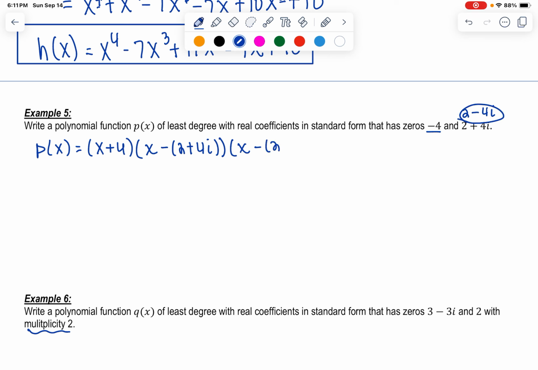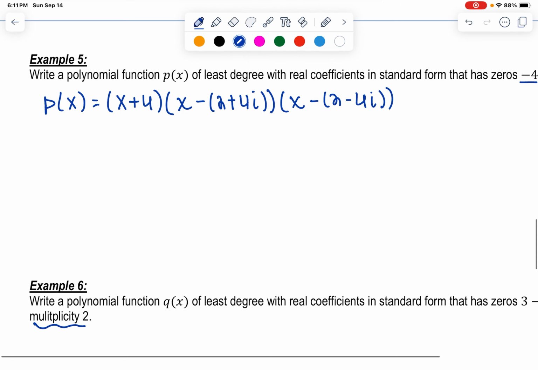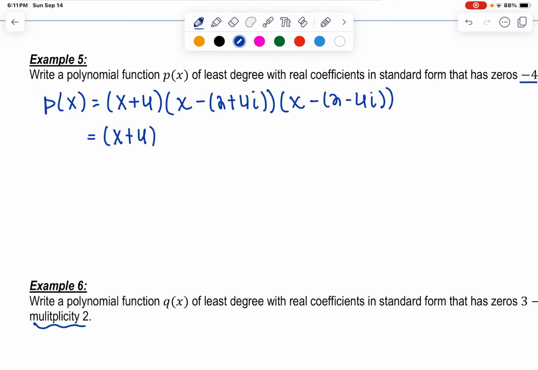That's 2 terms, so I want to make sure I write it in parentheses so I can distribute that negative. Speaking of distributing that negative, let's go ahead and do that right now. So I have x, distribute your negative to those 2 terms, so it's minus 2 minus 4i, and distribute your negative to those 2 terms, so I have minus 2 plus 4i.